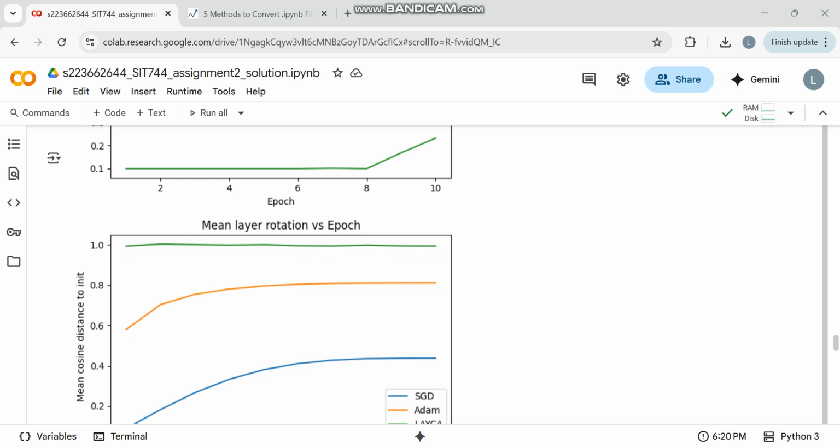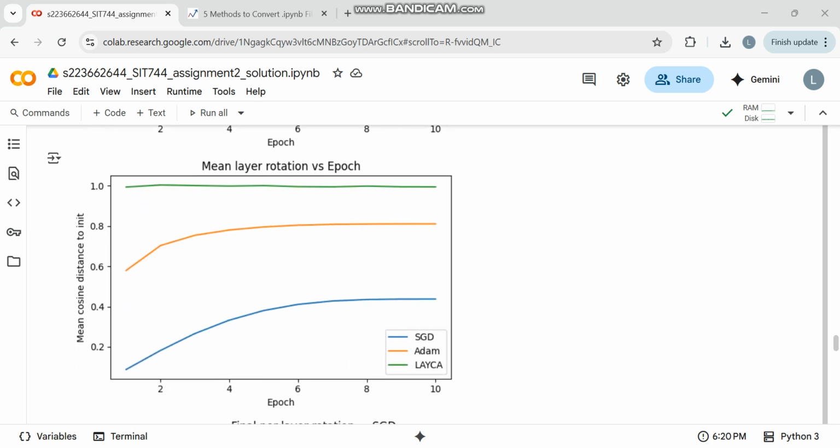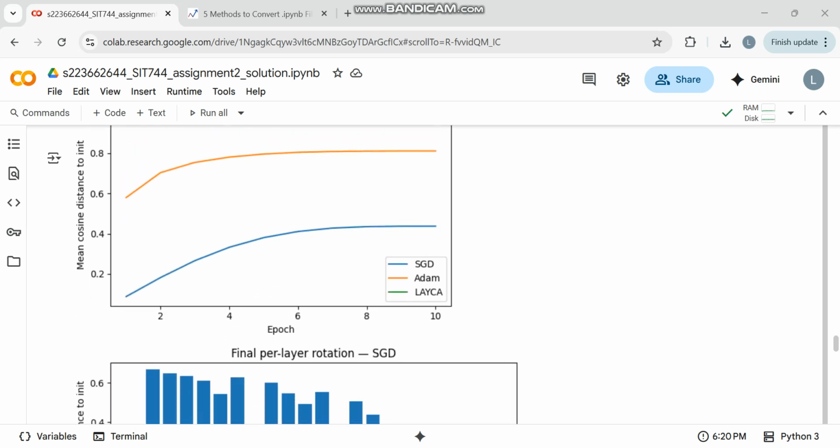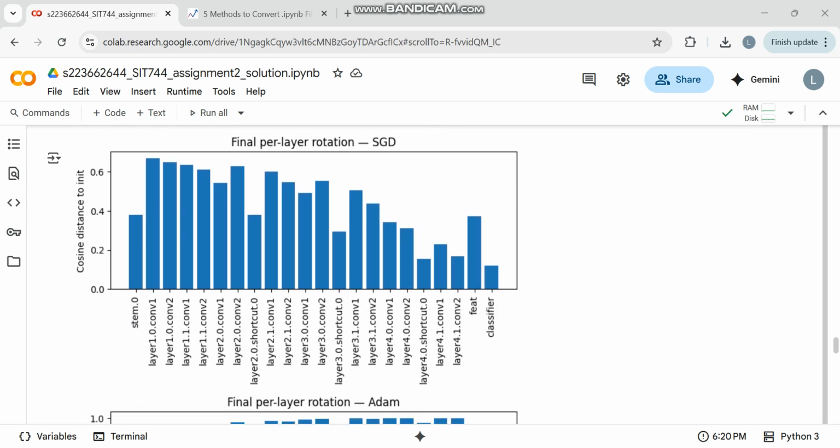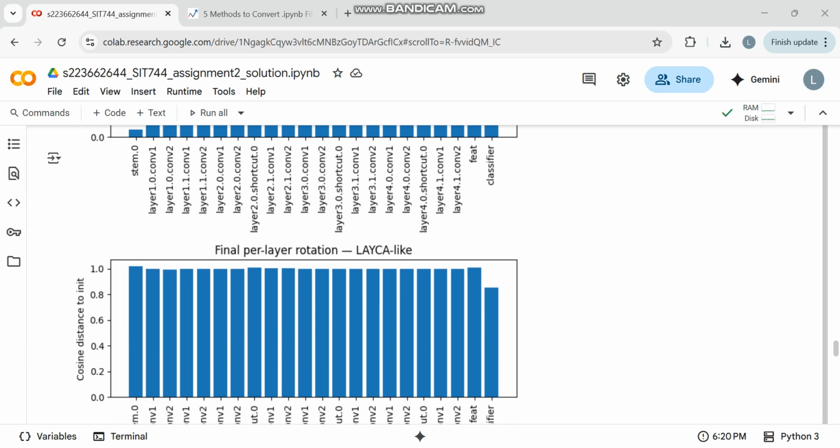The Leica-style run produced a more even per-layer rotation profile and a modest accuracy lift over vanilla SGD with the same schedule. Where our absolute numbers differ from the paper, it's expected. We used a compact ResNet-18, a simplified controller, and a CIFAR setting. The trends matched: rotation is a strong indicator of generalization.